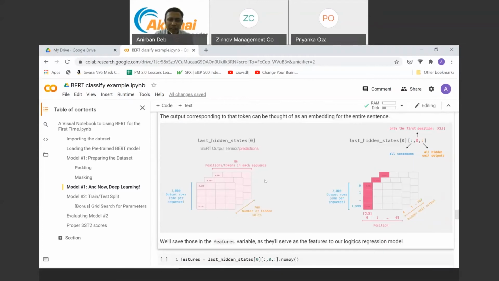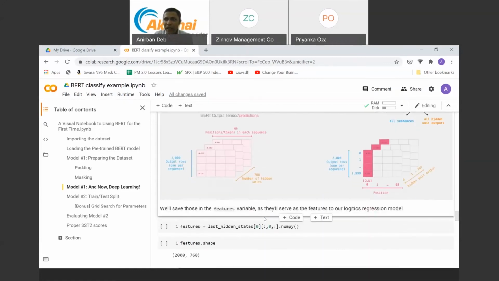This is very important: each of these arrays is a tensor that has come out, and there are 2,000 rows, one row for each sentence, and there are 768 hidden units, and there are 66 position tokens. So you've got a tensor considering all of these things.